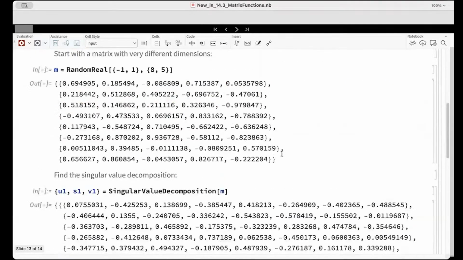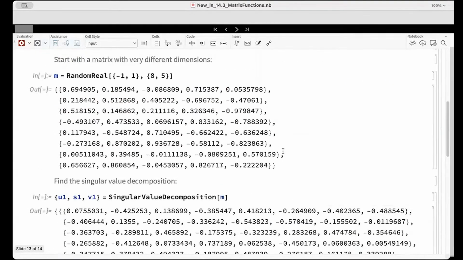So if you have a matrix, say a tall, thin matrix or a short, fat matrix, so the dimensions are very different, your singular value decomposition is going to have a transformation matrix of the larger dimension. And that can be inconvenient because of necessity, the maximal rank it can have is that of the smaller dimension.